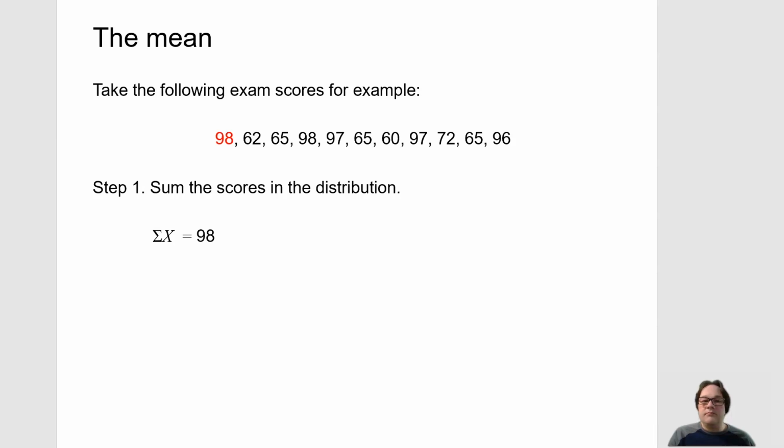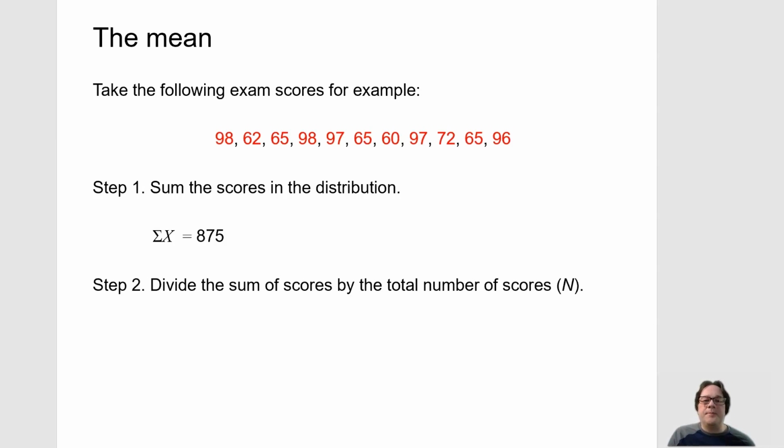So we take 98 and add 97, 65, and so on and so forth, right? We're just adding these values together. So that is the sum of our x scores, right? 875. That's the sum of all the scores in our distribution here.